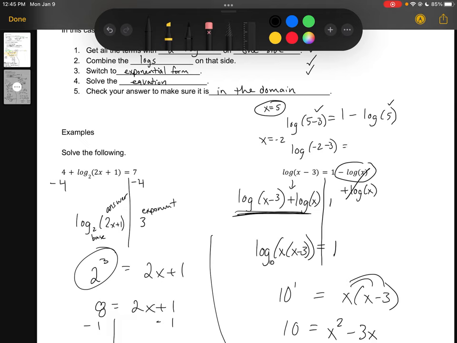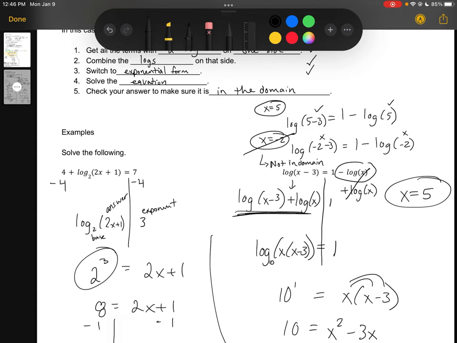So log of negative 2 minus 3 equals 1 minus log of negative 2. Well, we already know that doesn't work, and this one's also negative. So log of negative 2 is not in the domain. So the only solution that truly works here that is in the domain is x is equal to 5, and that's the only answer that we need for that question.